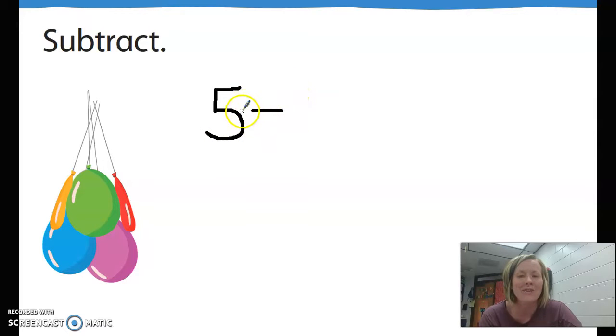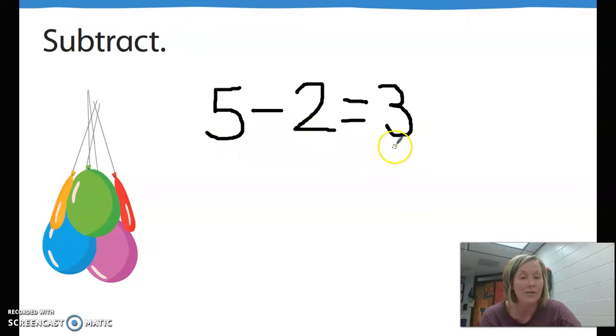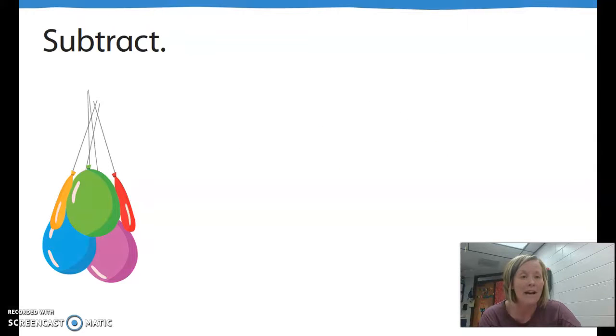So I'm going to use that take away symbol, that subtraction sign. How many popped? You're right. 2 popped. How many are left? You're right. There are 3 balloons left. 5 take away 2 equals 3. Nice job getting all warmed up.